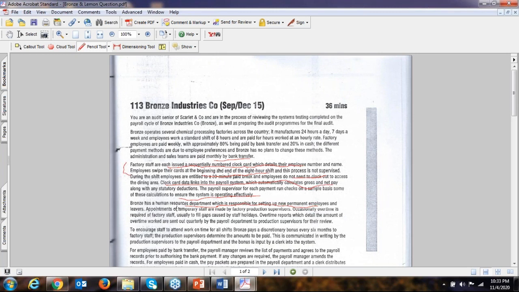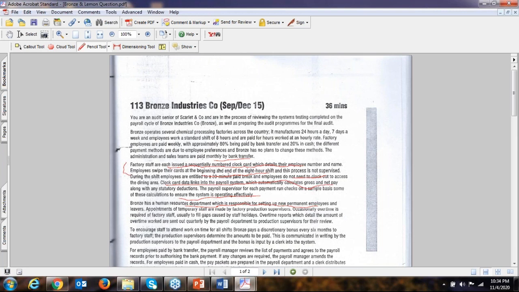So this is another key control: the management has a separate department for hiring employees and for giving salaries. So there is a segregation of duties. Having a segregation of duties between human resource and payroll departments reduces the risk of fictitious employees being set up.